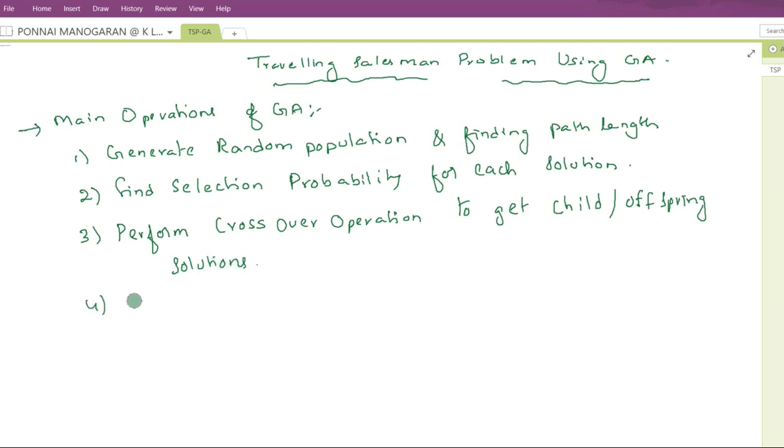And in the fourth step, you can write here mutation operation also.